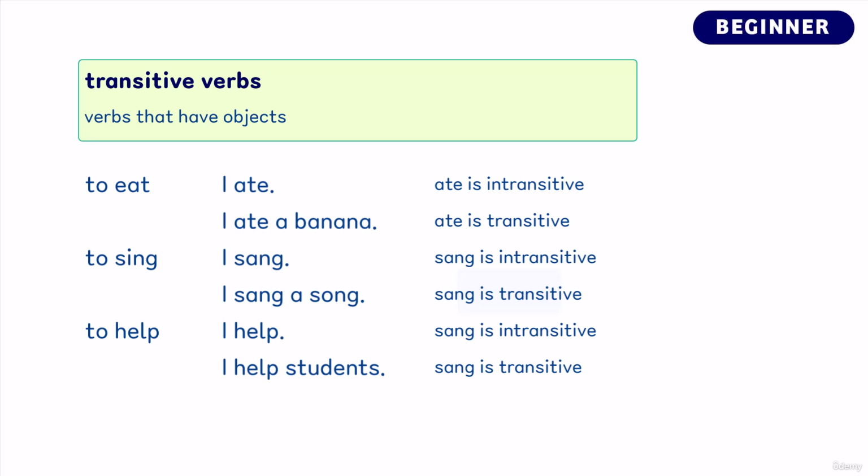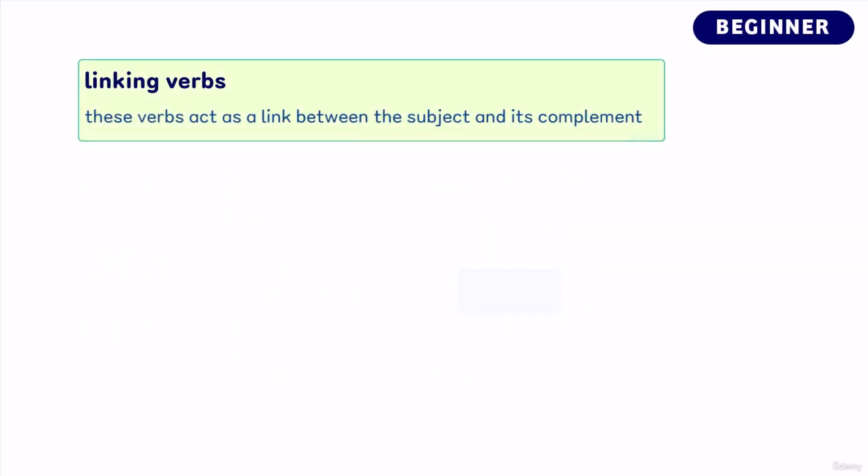Let's now take a look at linking verbs. Linking verbs are called linking verbs because these verbs act as a link between the subject and its complement. Let's take a look at an example sentence. I am a teacher.